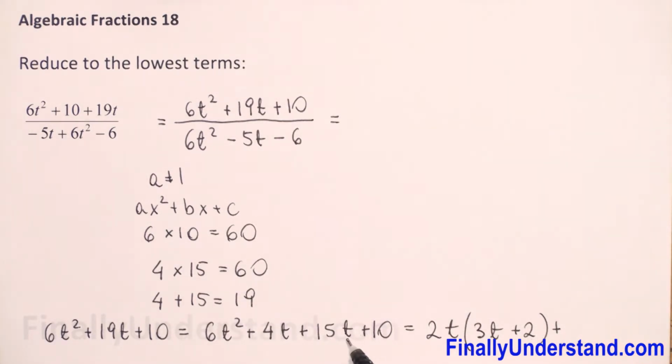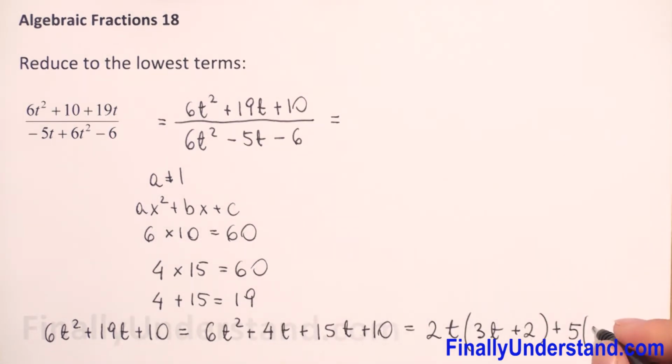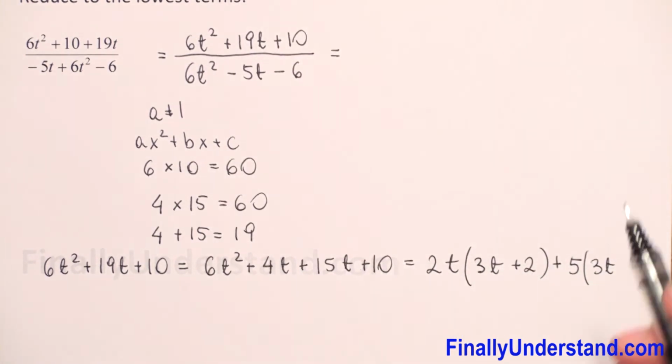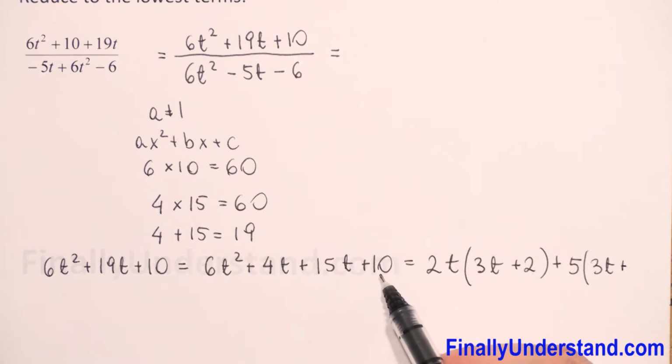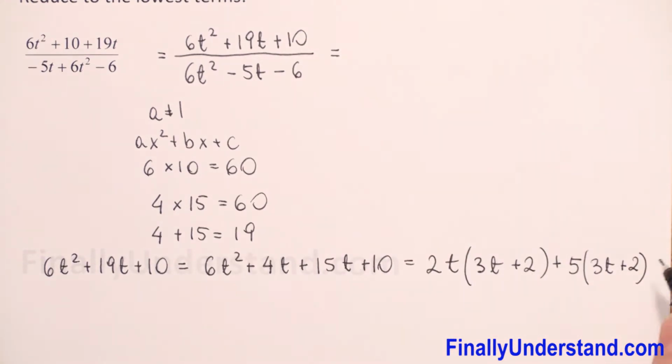And now we have 15t and 10, so the greatest common factor for 15 and 10 is 5. I have to multiply 5 by 3t to get 15t, and plus, we have 10, so I have to multiply 5 by 2 to get 10.